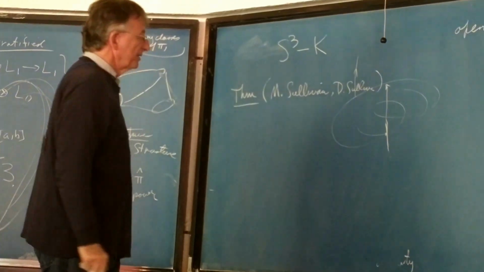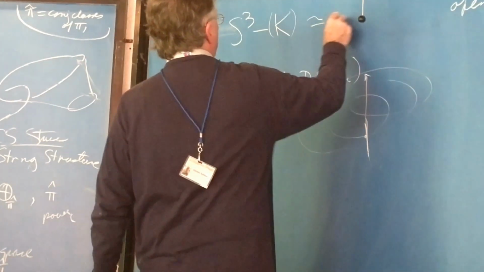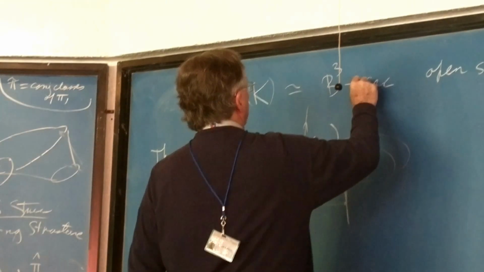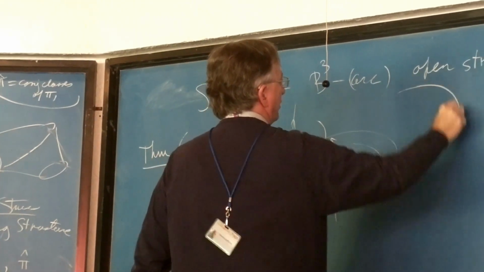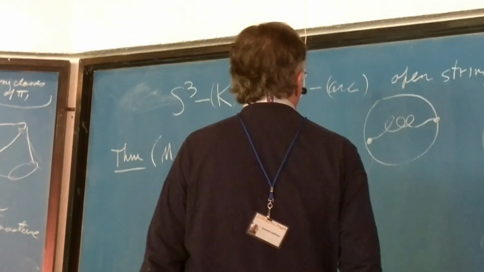And so the theorem is that, well, there's a little remark you have to make, that S3 minus the neighborhood of K is equivalent to B3 minus an arc neighborhood. You can work with a knot like this with boundary in a ball.